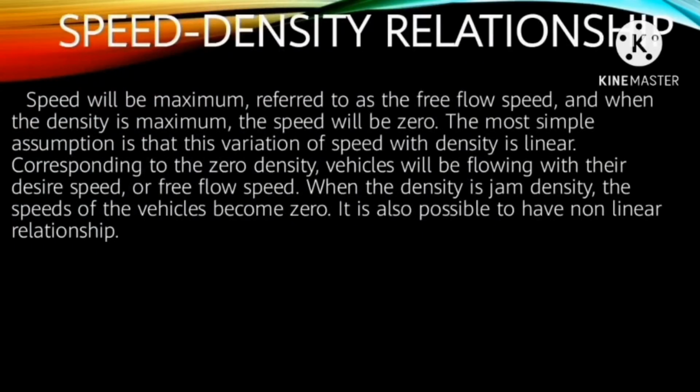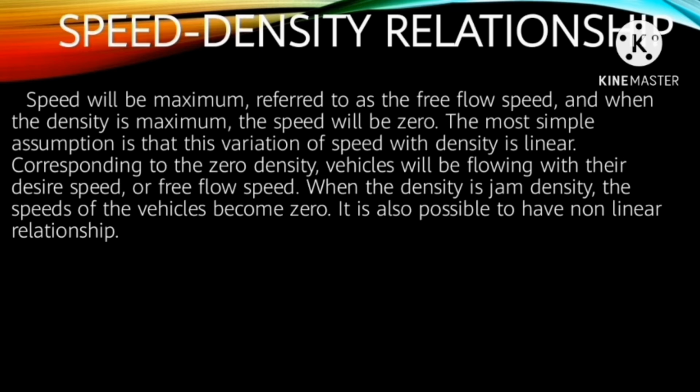The relationship between the speed and density is when the density reaches its maximum level, the speed will become zero. The most simple assumption is that this variation of speed with density is linear. Corresponding to the zero density, vehicles will be flowing with their desired speeds or free flow speed. When the density is jam density, the speed of the vehicles becomes zero.